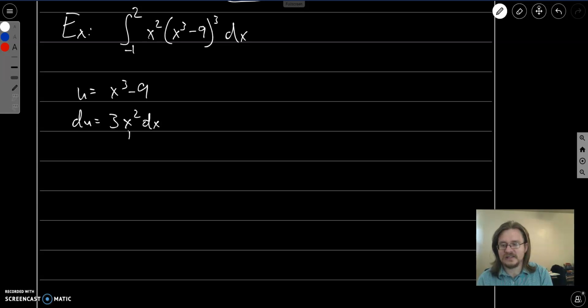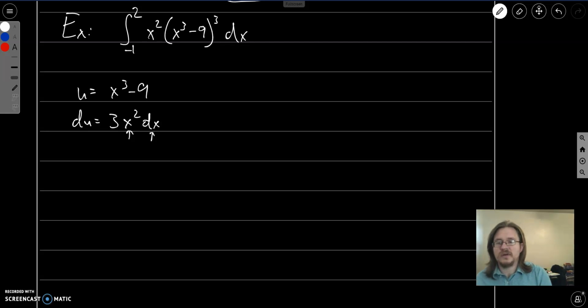And this x squared dx is inside of my original integral as well. So this would be a good u-sub since both u and du are going to be inside of our integral.